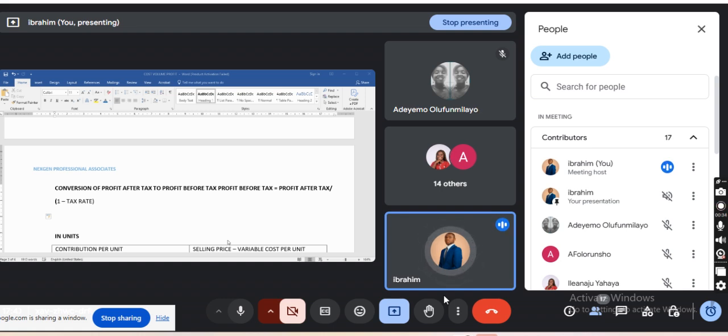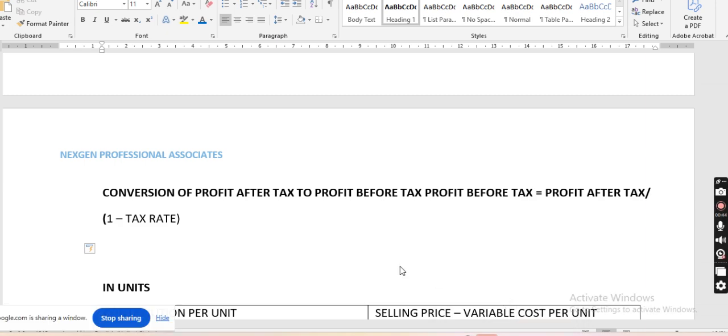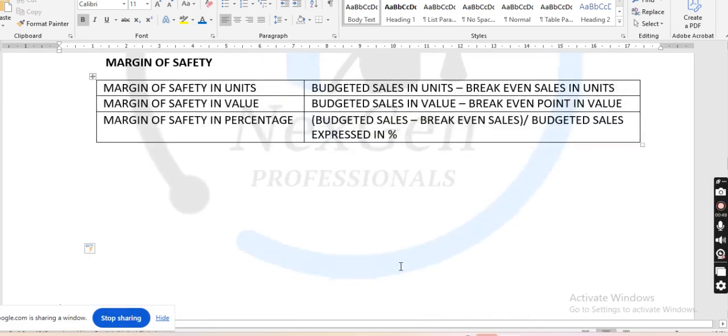We'll get there. Conversion of profit after tax to profit before tax is equal to profit after tax divided by 1 minus the tax rate.